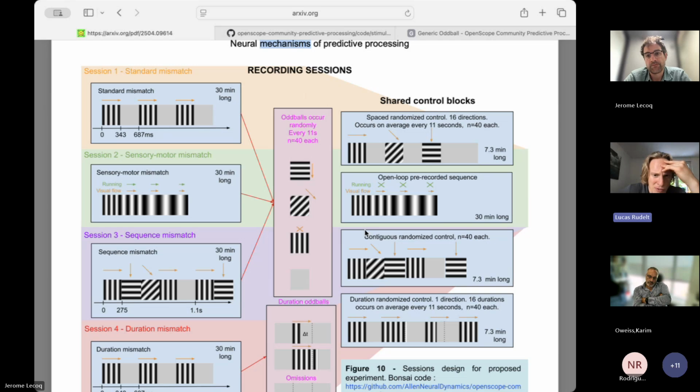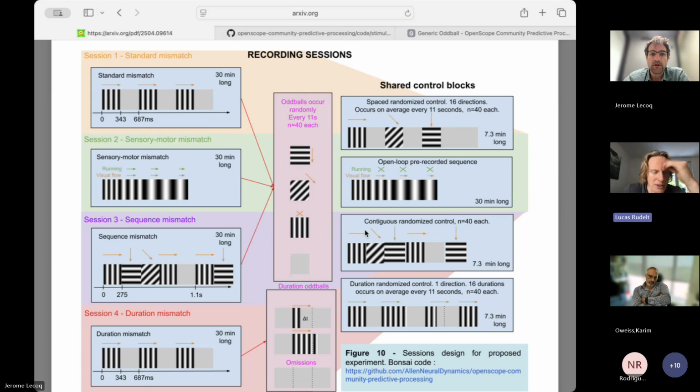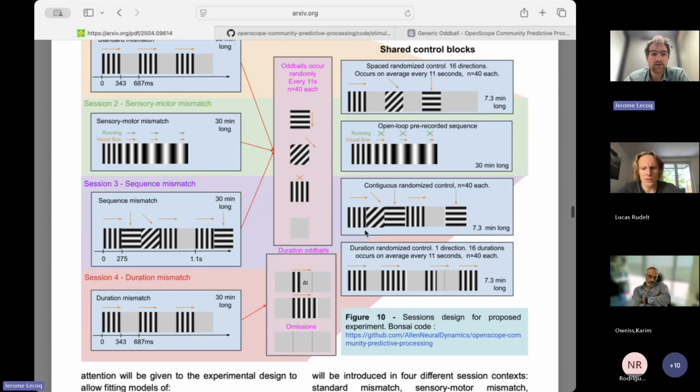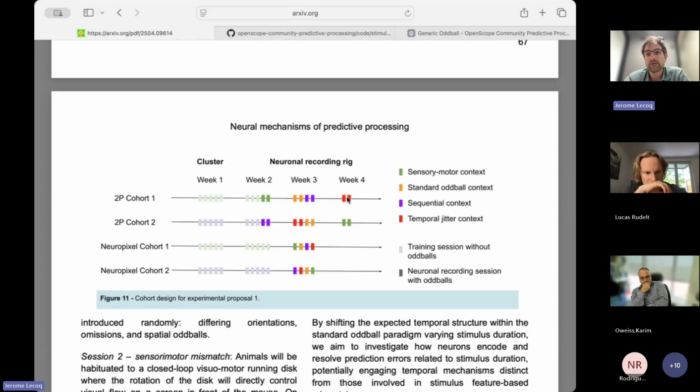What's the rationale to have the other controls in that session? Wouldn't it make more sense to just have the control that matches the mismatch condition in that individual session? The intent was to use the control blocks to relate the different sessions with one another.